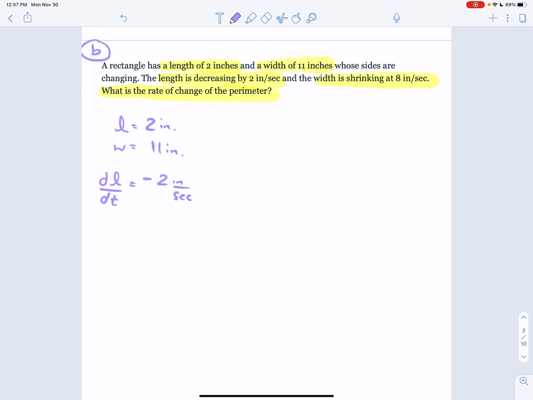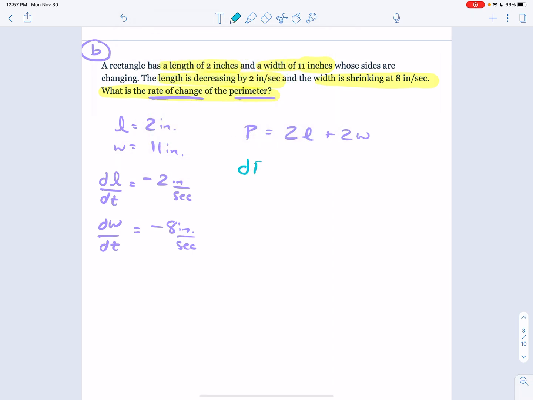The width is shrinking at 8 inches per second, so it's a negative 8 inches per second, and that'll be dW over dt because that's a rate. So we need to find the rate of change of the perimeter, which is 2L plus 2W. And rate of change just means derivative.